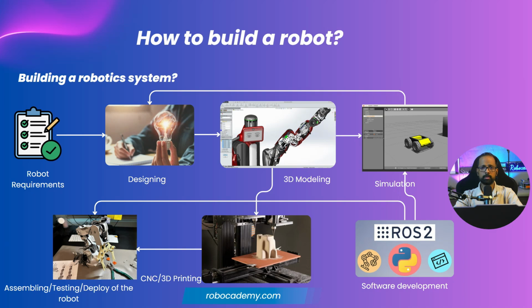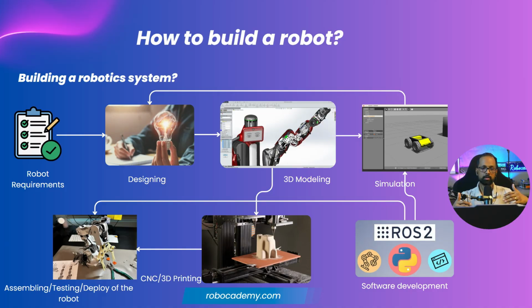Before building any robot or any project, the first thing that we need is the requirements, right? If you create software or build anything, you will have some blueprint before getting started, like a set of requirements. For example, the robot should be able to move autonomously. It may be a wheeled robot.